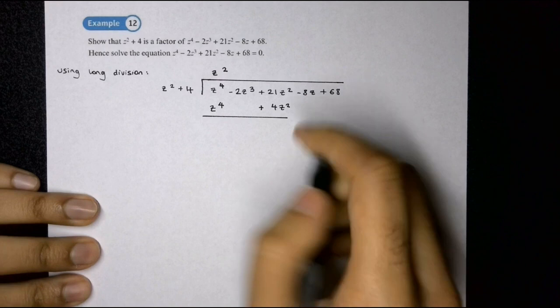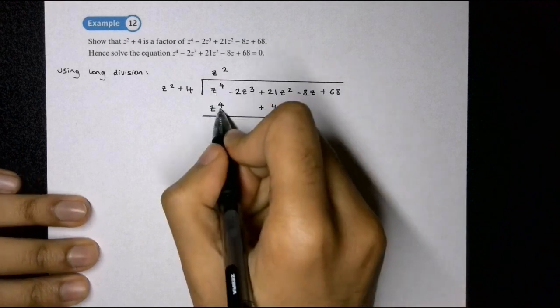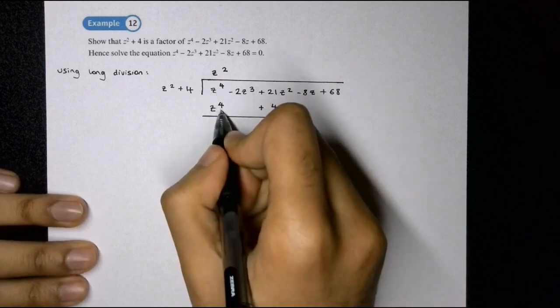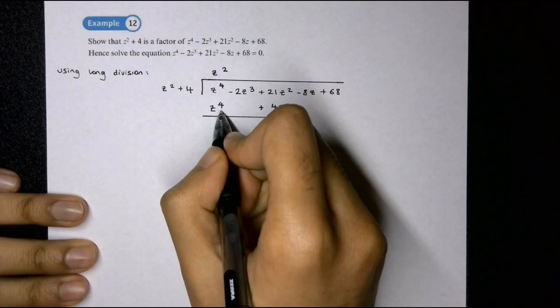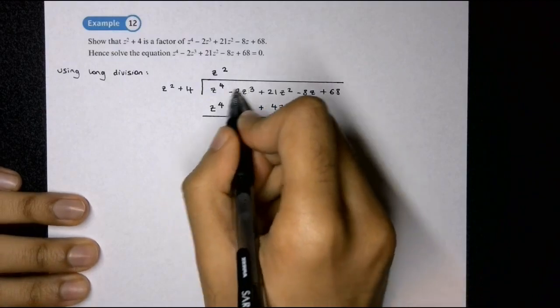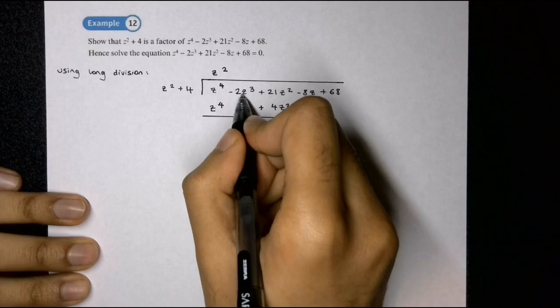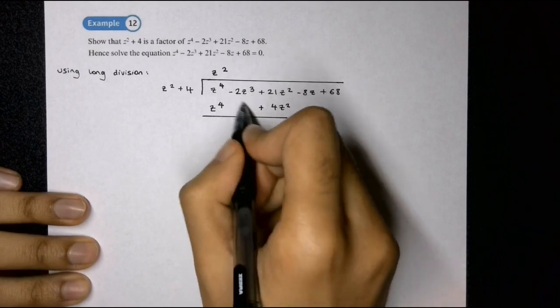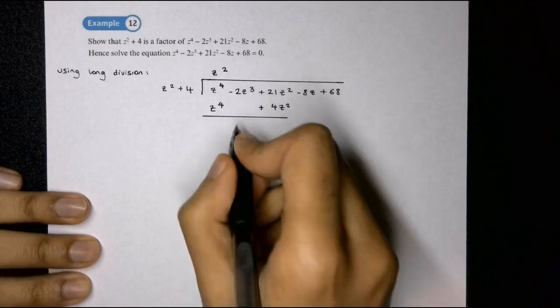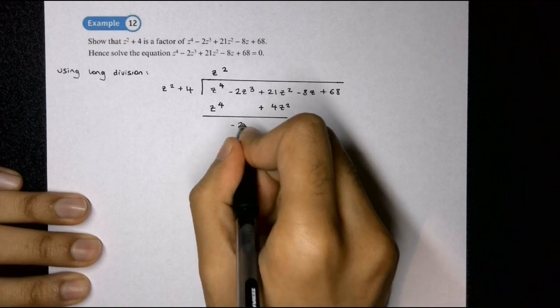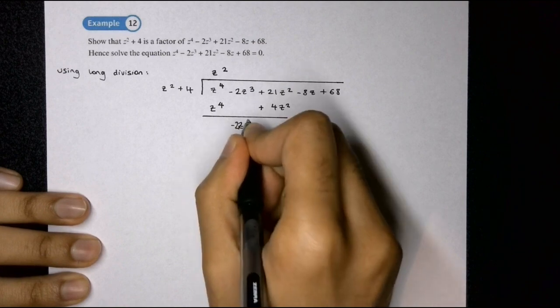And if we subtract these, z to the 4 minus z to the 4, that's 0. Then we've got this minus 2z cubed, take away 0 essentially, that will be minus 2z cubed.